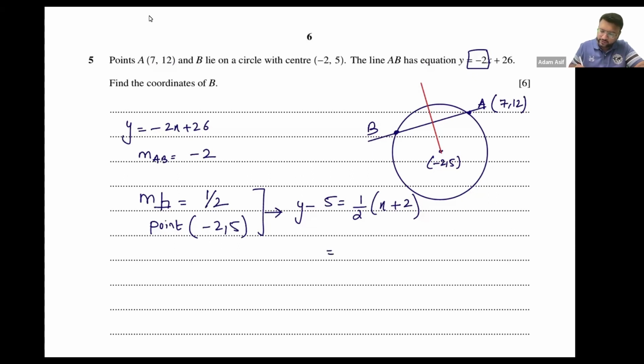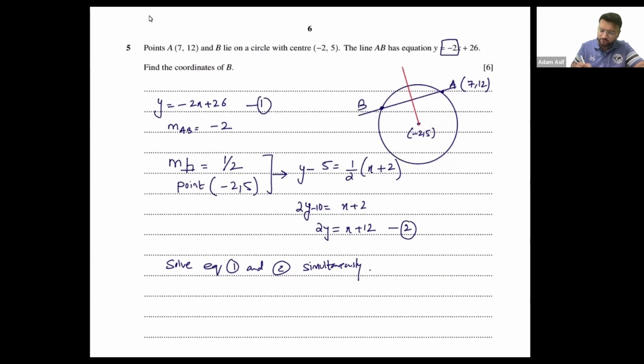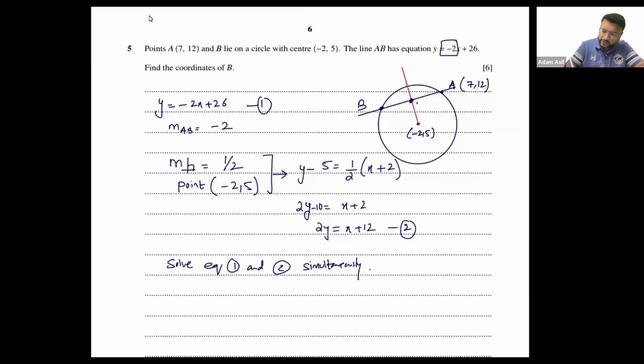So ये हो जाएगा 2y minus 10 equals to x plus 2, 2y equals to x plus 12. ठीक है, एक ये equation है और एक ये equation है. Solve equation 1 and 2 simultaneously. Give me the coordinates of the intersection point M.